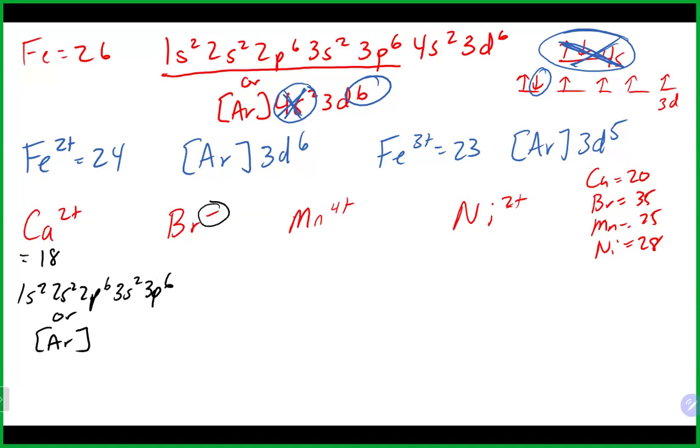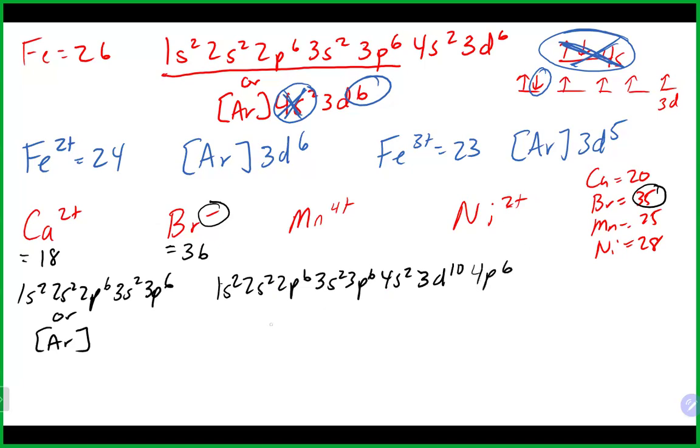Br minus means it's gained 1 electron, so instead of 35, it should end up at 36, which is 1s2, 2s2, 2p6, 3s2, 3p6, 4s2, 3d10, and after that, we go to 4p6.